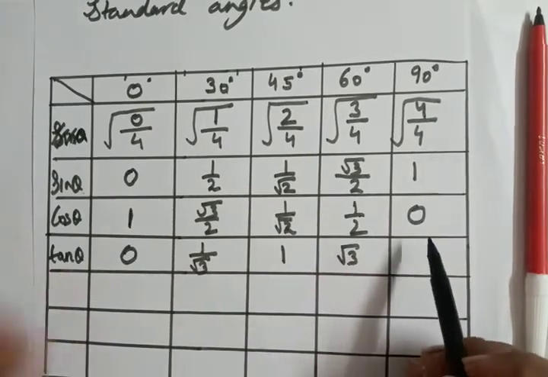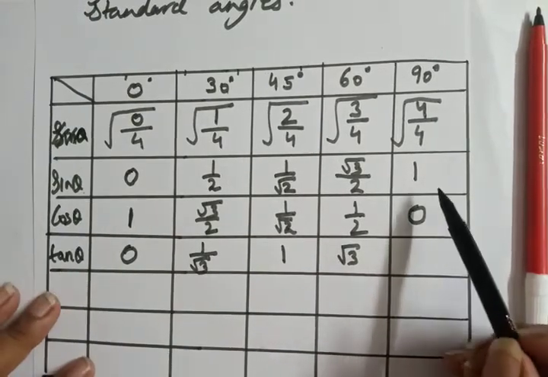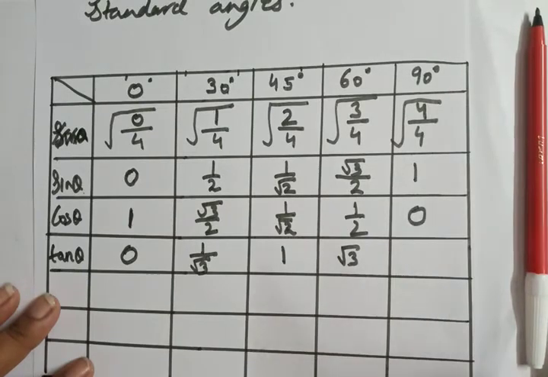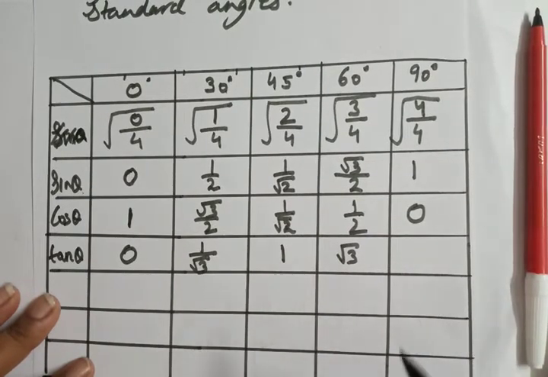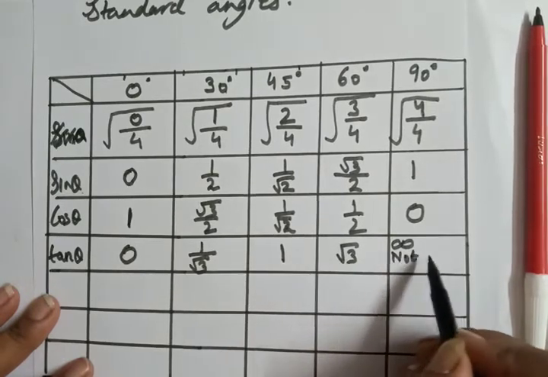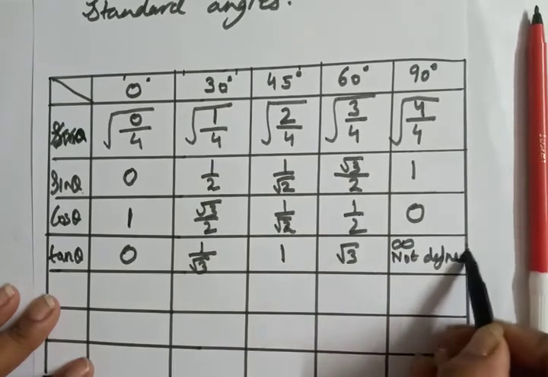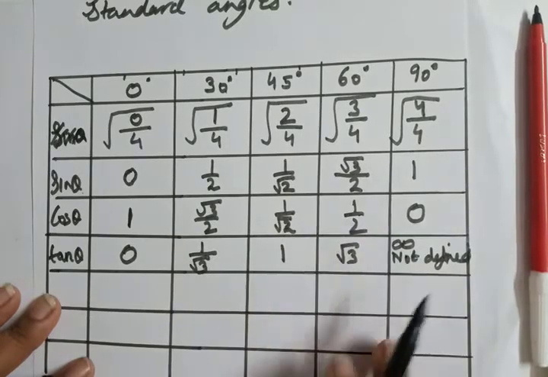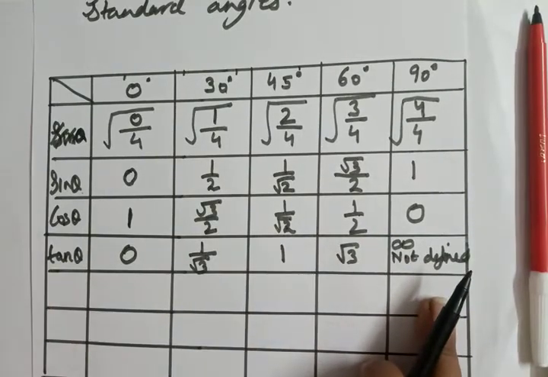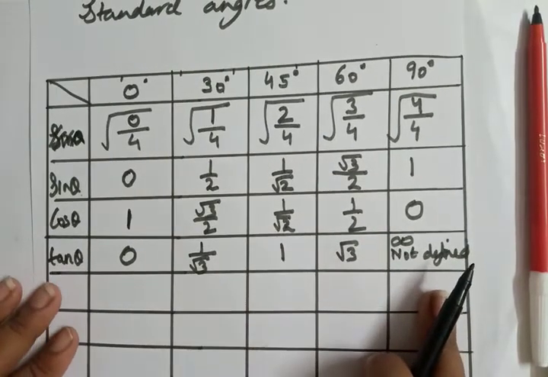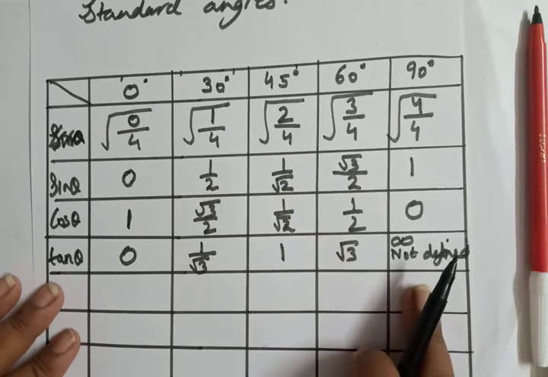Now see here, 1 upon 0, that is equal to infinity, or we can say not defined. So tan of 90 is not defined. We don't have any value regarding tan 90. We always write infinity or not defined.